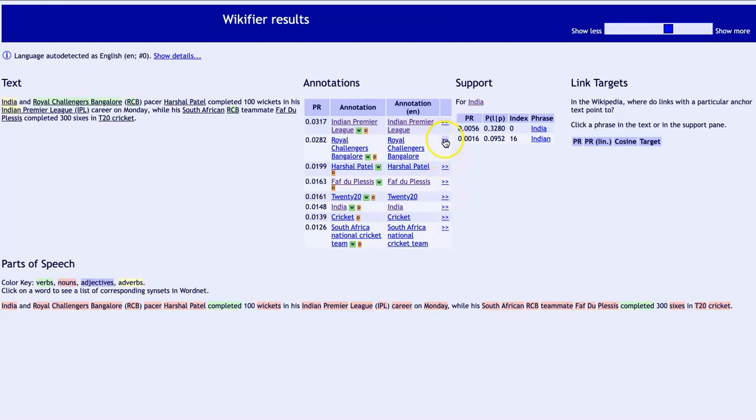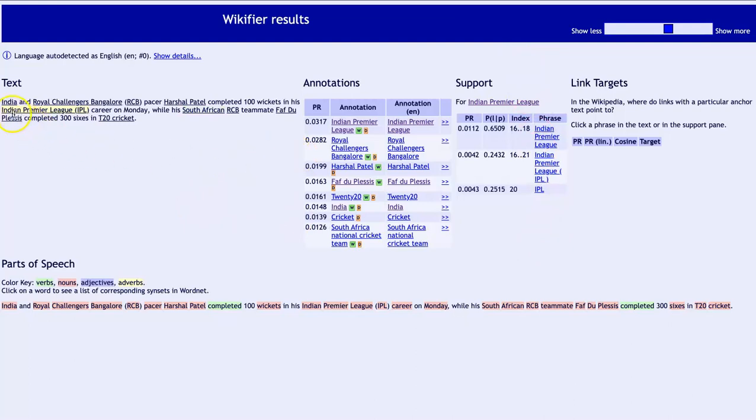What I am saying is that first they identify the individual entities, then they generate different candidates, and then among those candidates they take the best one for linking.